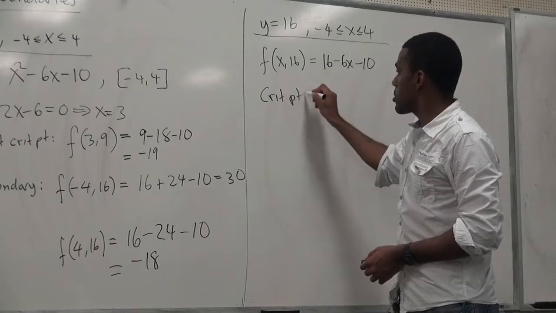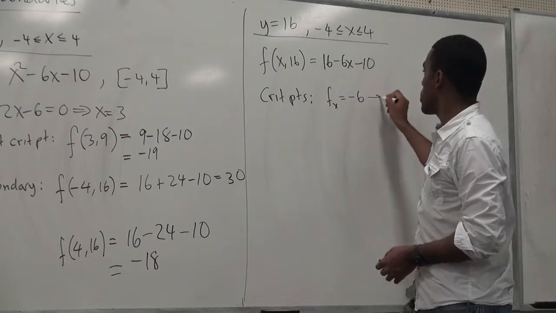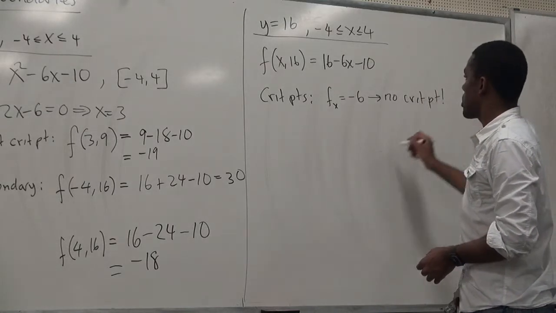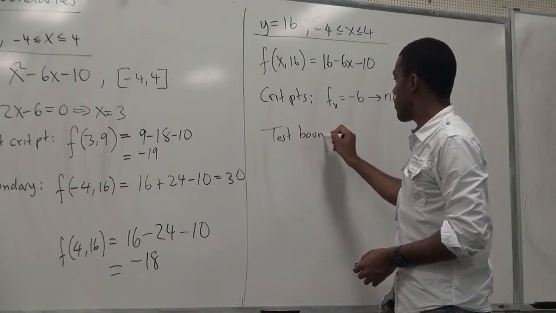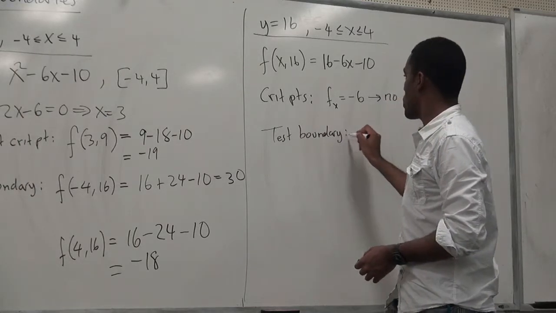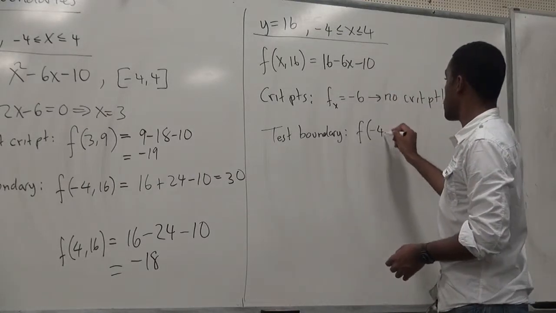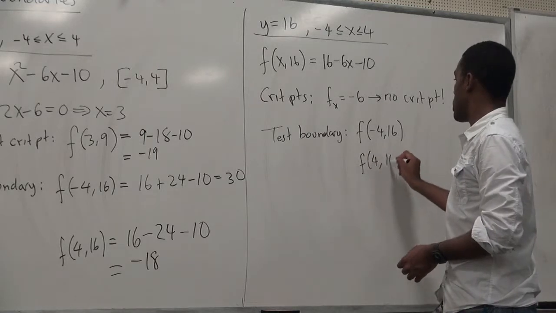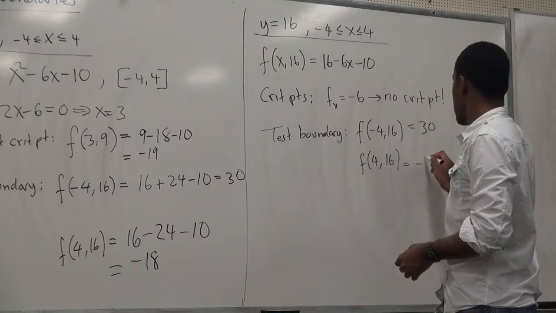Critical points: the partial with respect to x is minus 6, so here I have no critical point. Test boundary. F of x can be minus 4 comma 16, or x can be 4 comma 16, and we already found these. This was 30, this was minus 18.